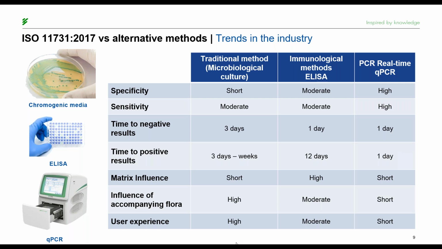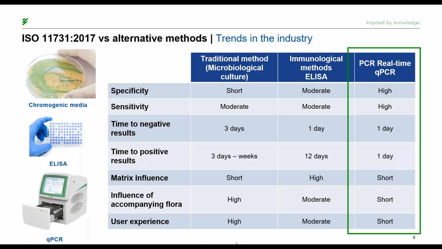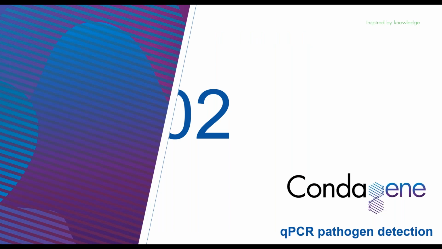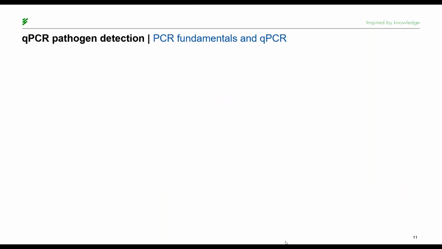And observing this small, quick comparison, we can clearly see the reason why qPCR is the main alternative technique used, since its advantages are numerous, even compared to those of other rapid methods that are not culture media. So let's enter fully into the world of qPCR and its use in the detection of pathogens.